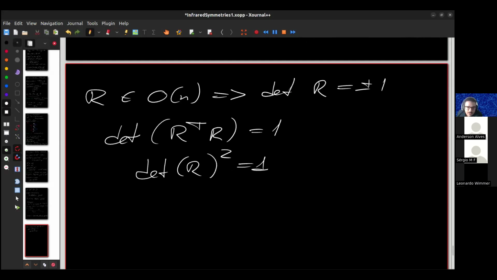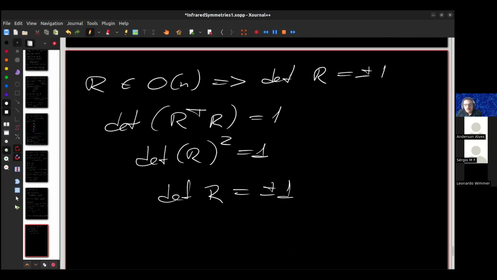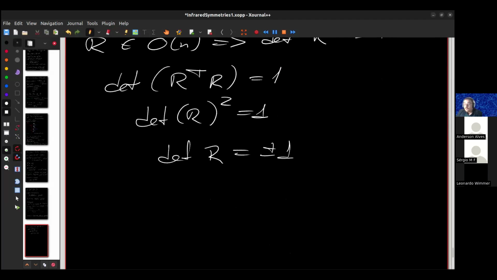There are only 2 square roots for 1. So we conclude that r equals plus or minus 1. So you only have these 2 options, and SO(N) is the part of O(N) which has positive determinant. You can show that SO(N) is a group, and the basic idea is if R and S are in SO(N), we already know that these are in O(N), so we only need to show that the determinant of the product is still 1.